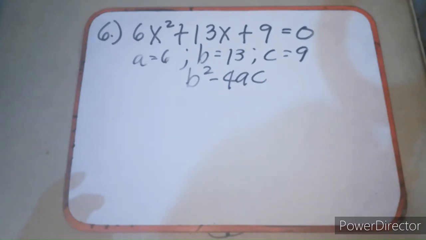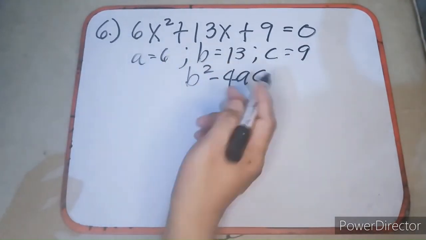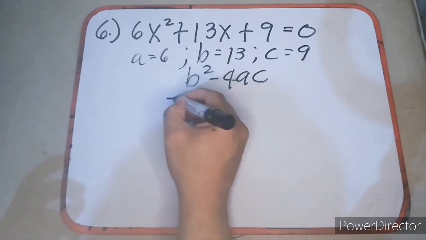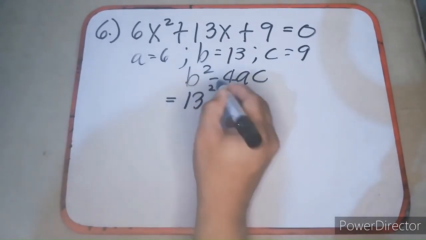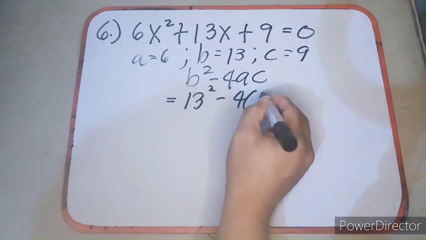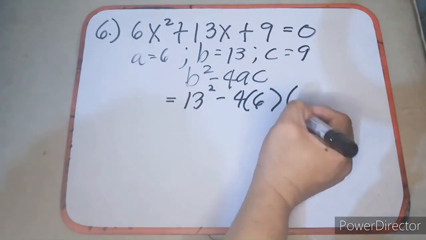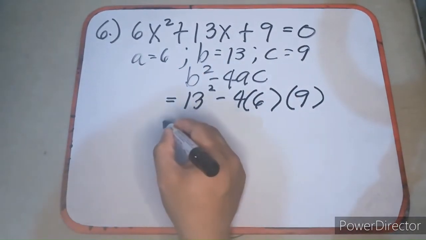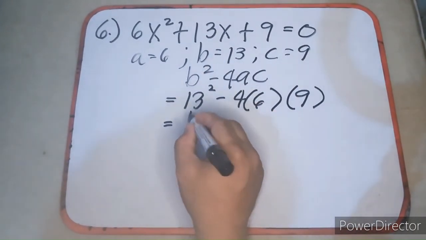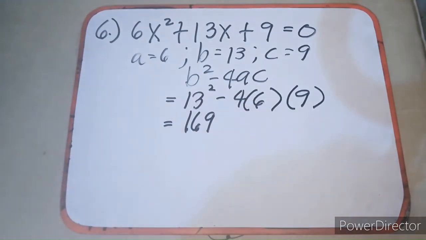All you have to do is to substitute these given values of a, b, and c to the expression. Then evaluate it. So we come up with 13 squared minus 4 times 6 times 9, which is the value of c. Then it will be equal to 13 squared, which is equal to 169. That's 13 times 13.